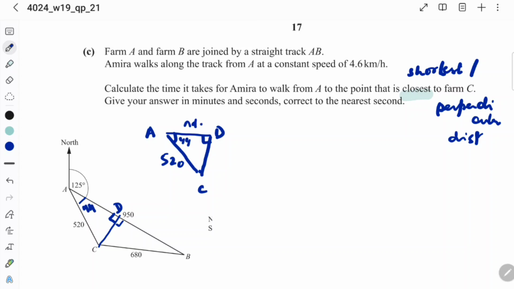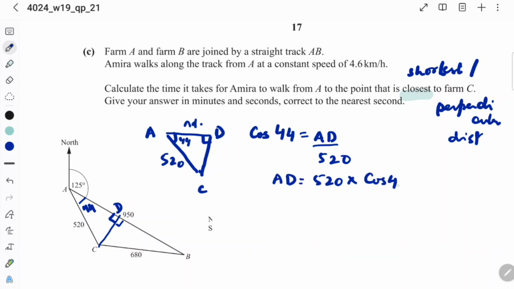So it means that we can apply cos. Cos theta is equal to adjacent upon hypotenuse. So cos of 44 degrees is equal to AD upon 520. So AD will be equal to 520 times cos of 44 degrees.